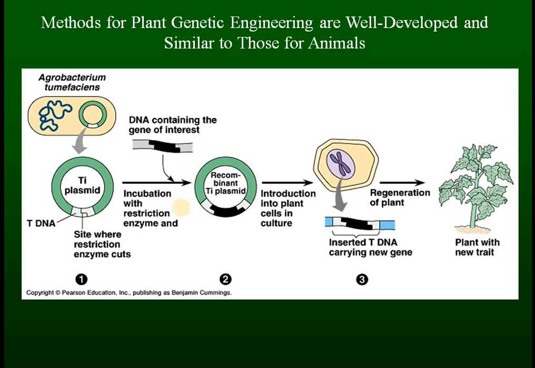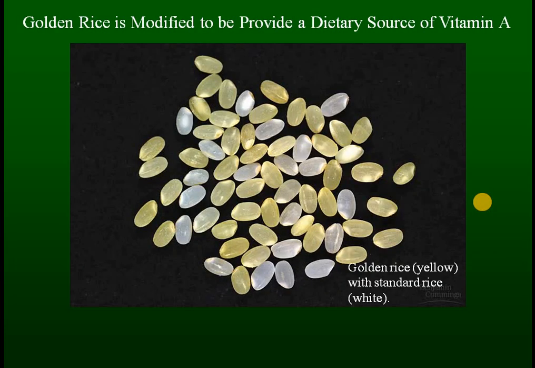So you have to insert that gene into the Ti plasmid, then a recombinant Ti plasmid will be there. You have to introduce the recombinant Ti plasmid into the bacteria. Again, you have to allow the bacteria to infect the plant, so that there will be transfer of the desired gene into that plant. So this is the technique for the plant.